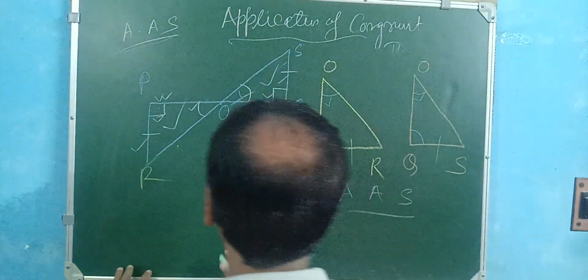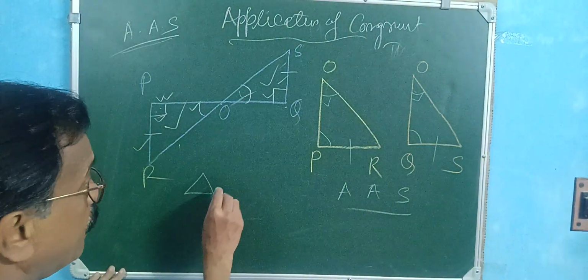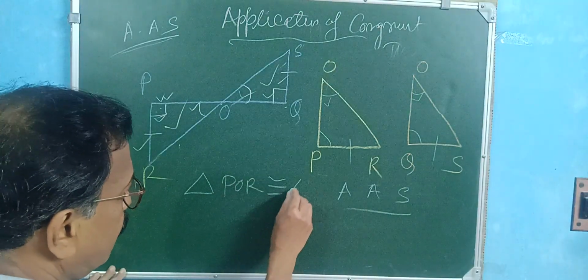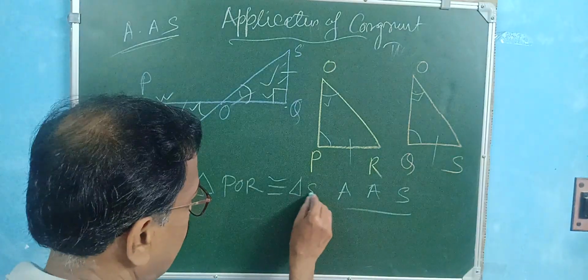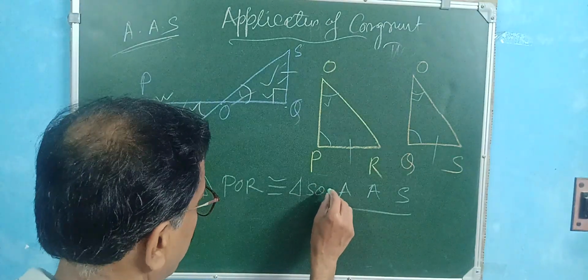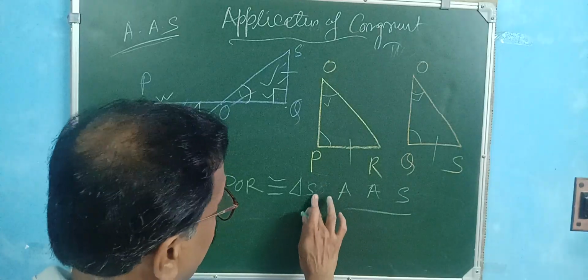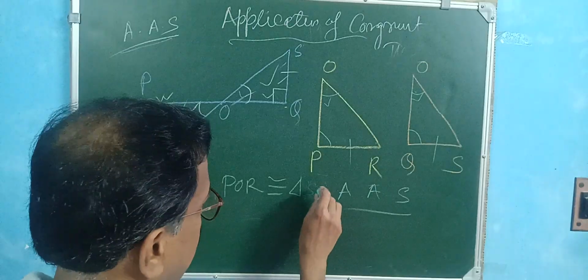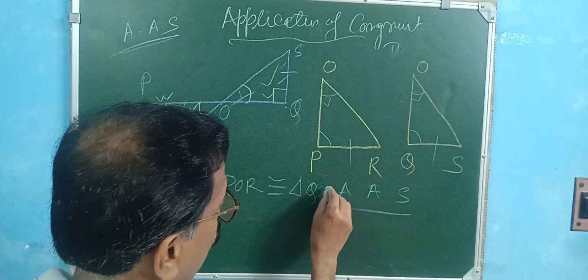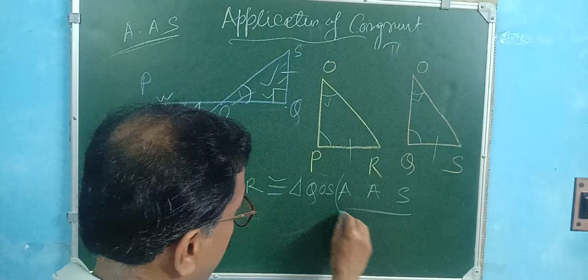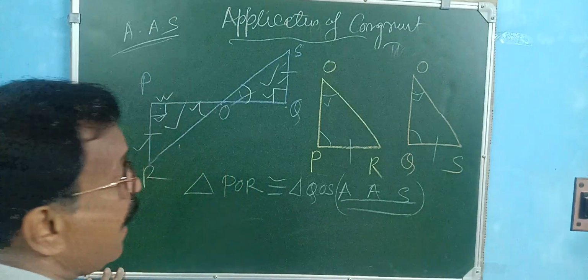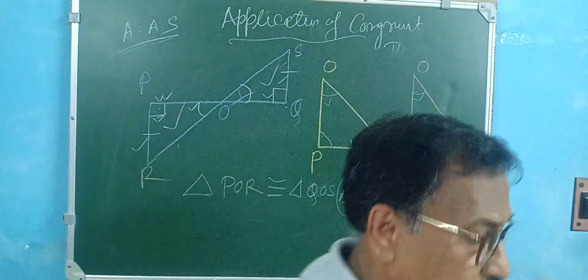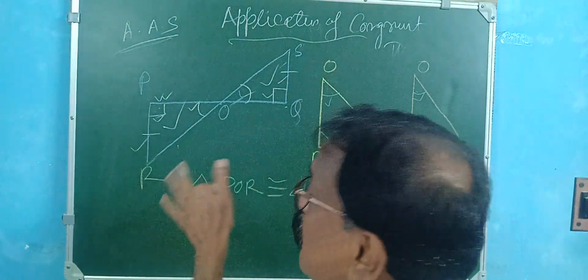So these two triangles I write here: triangle POR congruent to triangle SQO, that is, POR is equal to QOS by angle side.